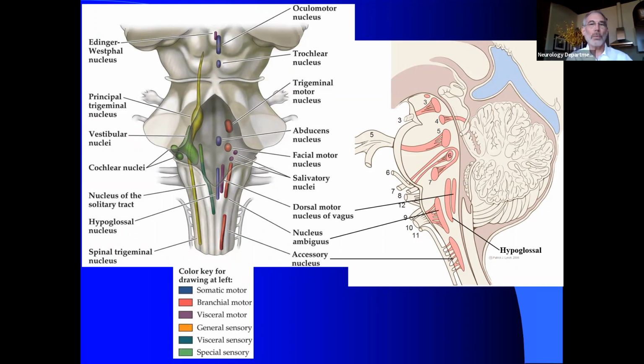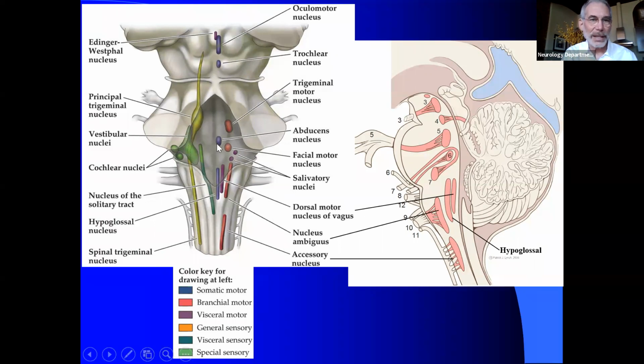The second thing that I want you to take away from these pair of diagrams is how long some of these cranial nerve nuclei are. And let's focus, we're in the medulla, let's focus on the hypoglossal nucleus here for a moment. You're going to see the hypoglossal nucleus when we look at a bunch of axial views everywhere from the caudal medulla all the way up to the pons. That's real.